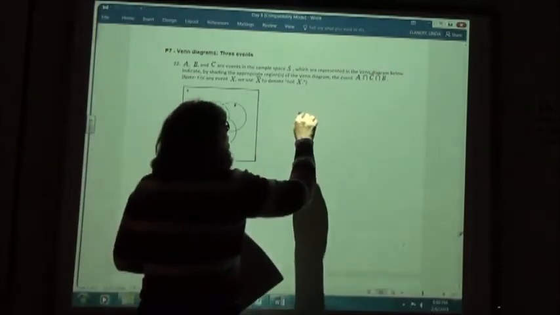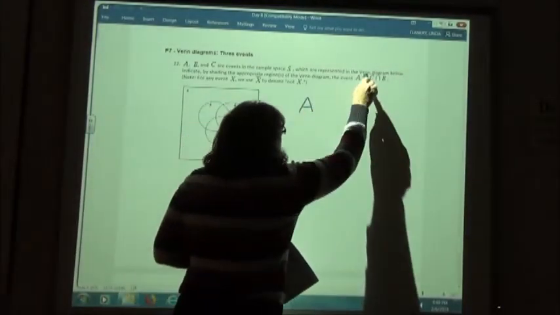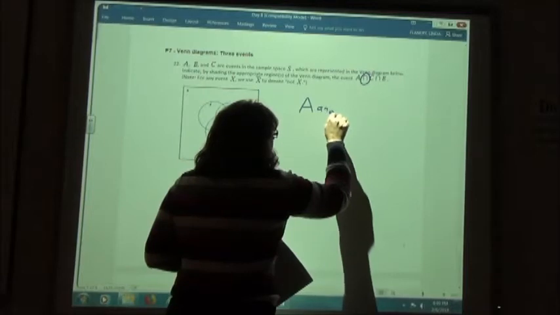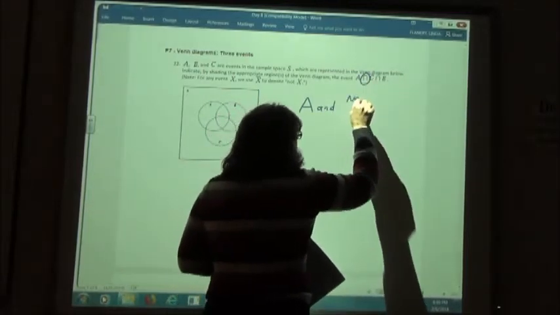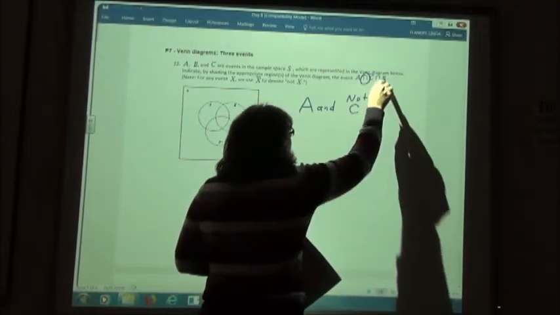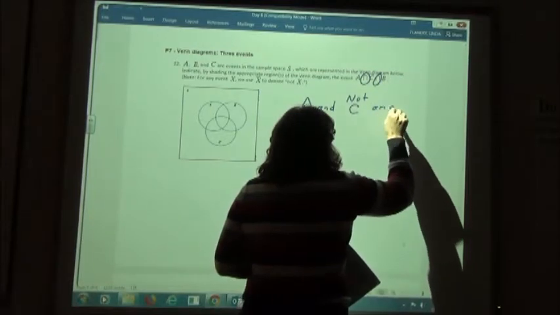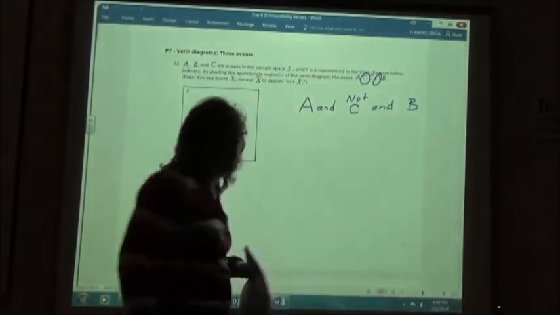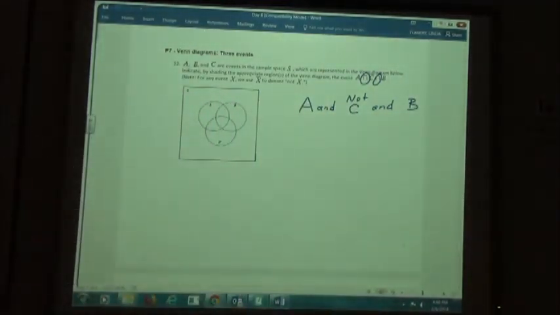So I am going to do A intersect not C intersect B. Again, we have an and. When we have and, it means they all have to overlap each other. So we want to figure out if I have A and not the C and the B, where we could shade.